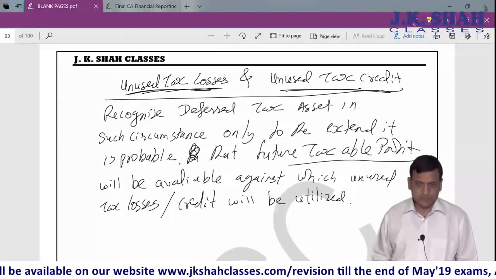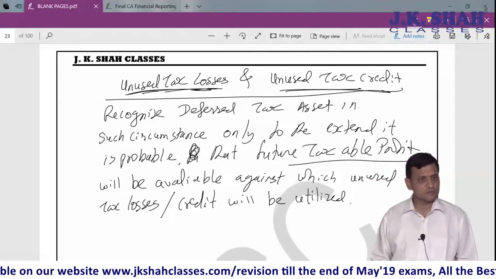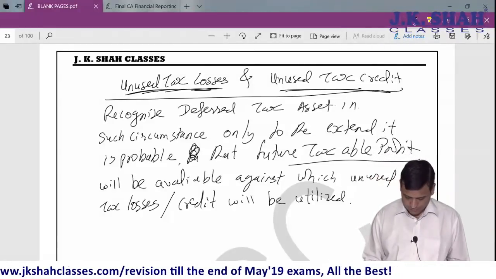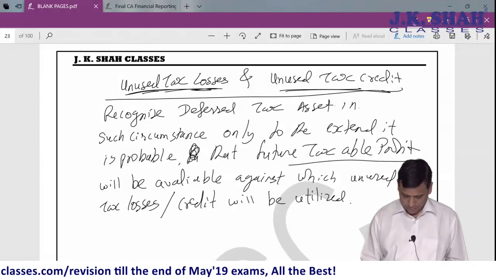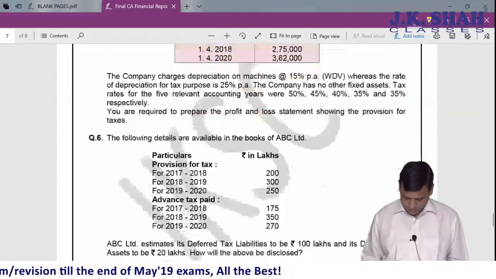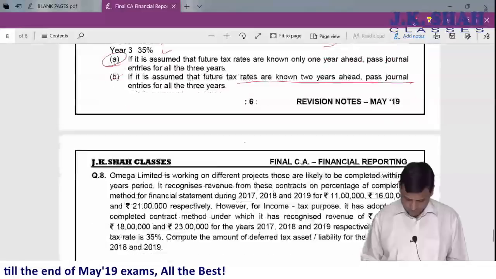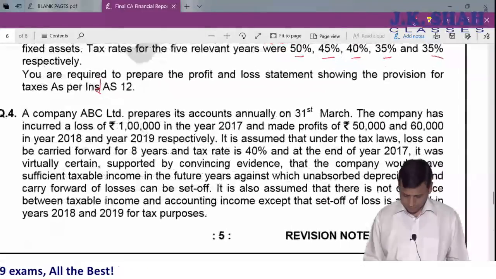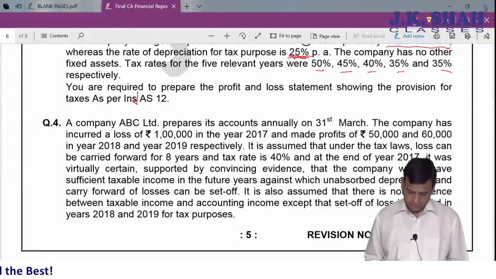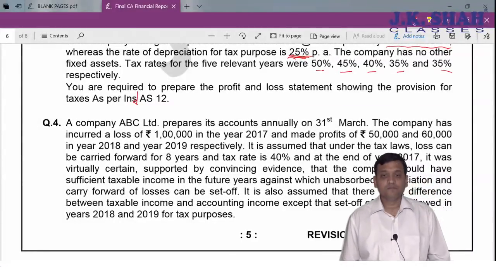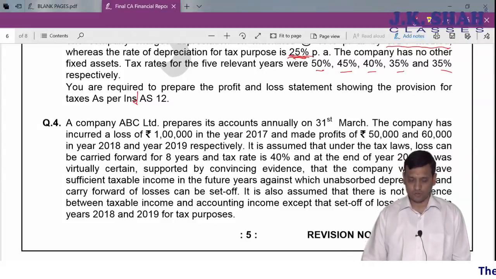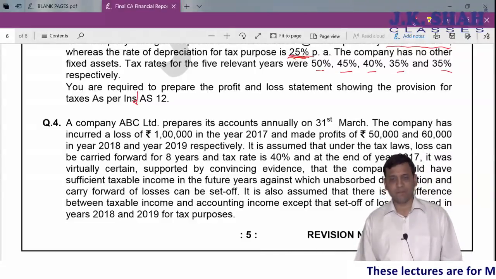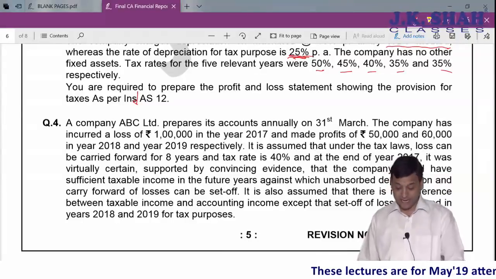I'll do one question on this. Have you written this? Question number 4. A company prepares its accounts annually.